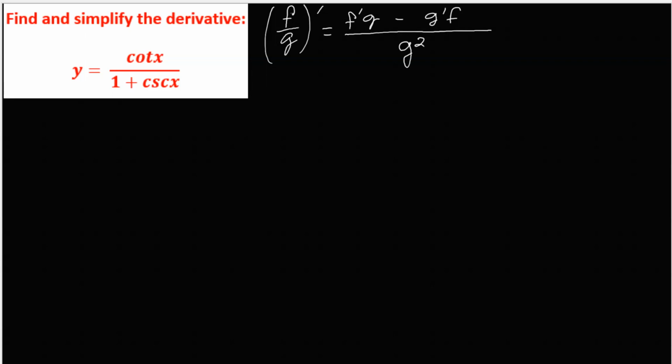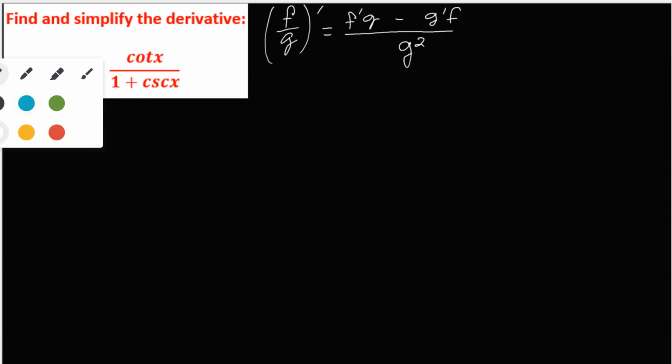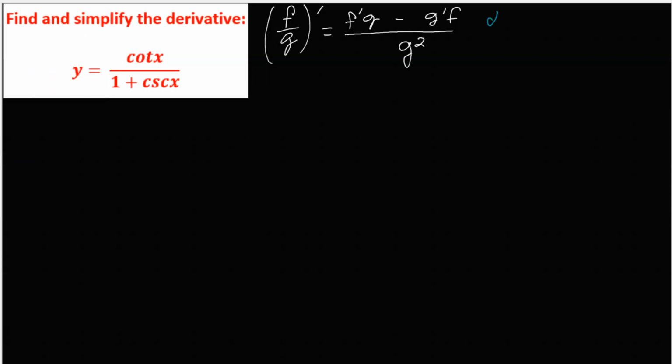Okay, now also there are derivatives that you need to know. So here we have the derivative of cotangent x. The derivative of cotangent x is negative cosecant squared of x.